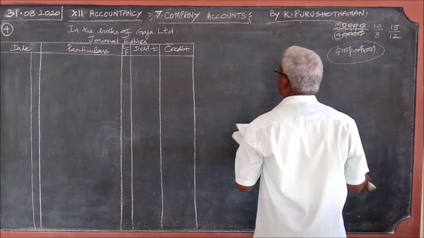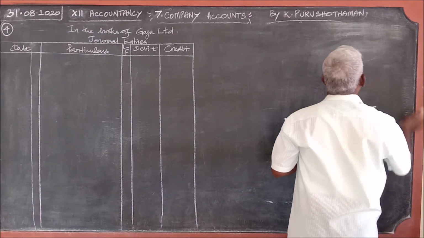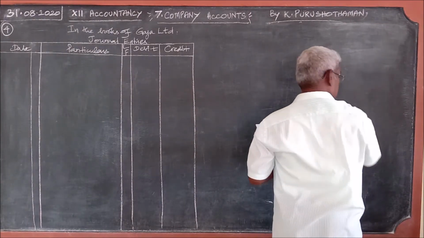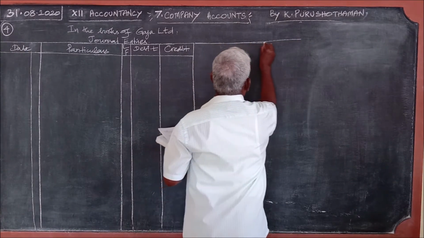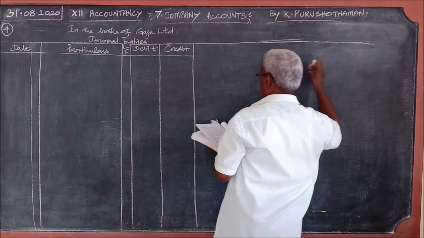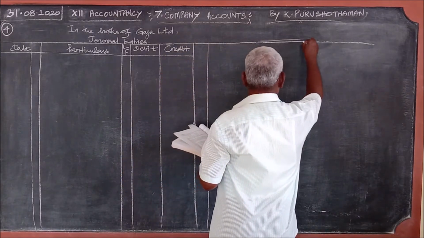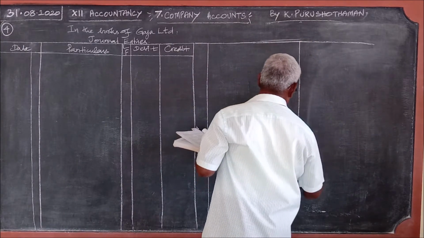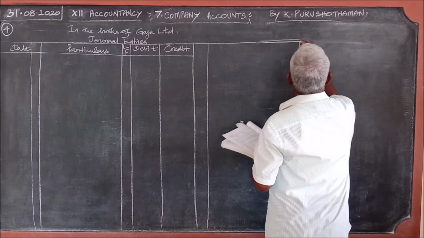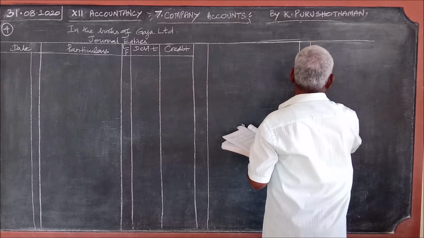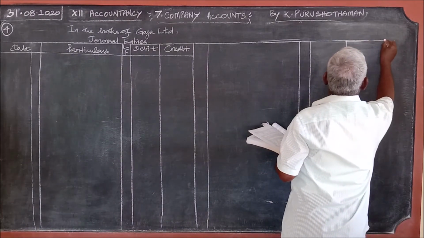As I said in the beginning, we can draw another column for journal entries: date, particulars, ledger folio, debit and credit.